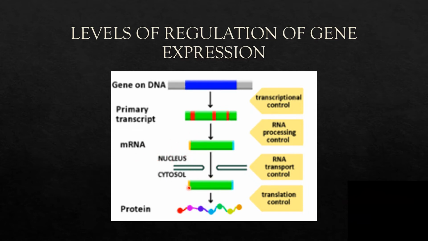In the cytoplasm, at the ribosomes, the mRNA gets translated to form polypeptides, proteins. So this is basically the whole level of regulation in gene expression. Now we'll go into detail one by one.